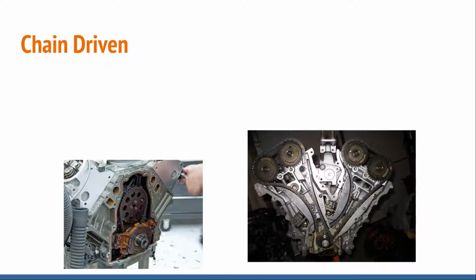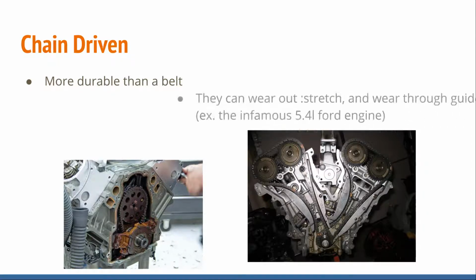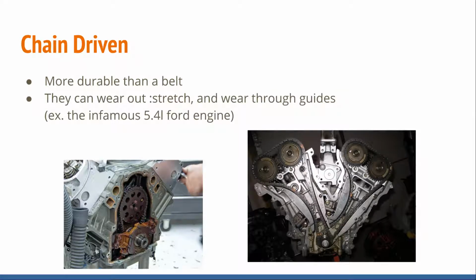Chain driven is a little bit different. For a chain driven timing system, they are more durable than a belt. They last longer than a belt, but they still can wear out. Timing chains can stretch and they can wear through the guides. And the guides, you can see right here is a guide, right here is a guide.